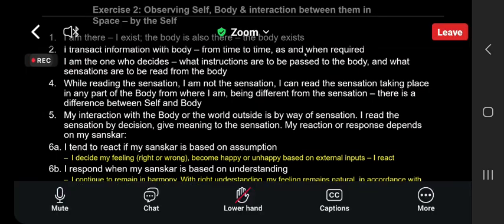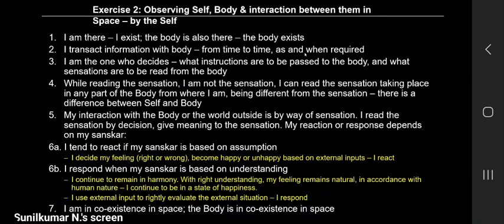In 1, 2, 3, 4, 5, 6, 7, 8, 9, 10, 11, 12. At that moment, he is shouting, and at that moment, my sanskars are emerging, which are not aligned with relationship and harmony.